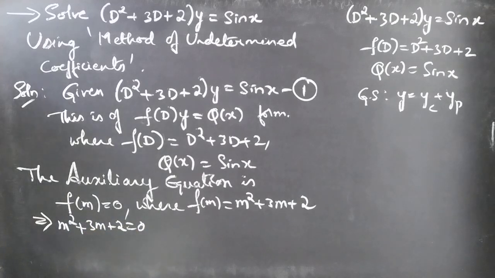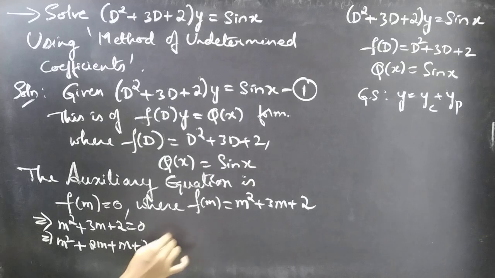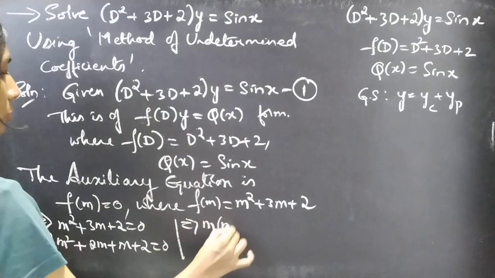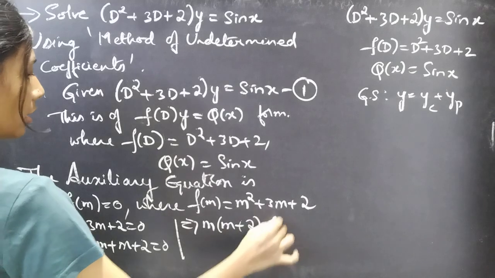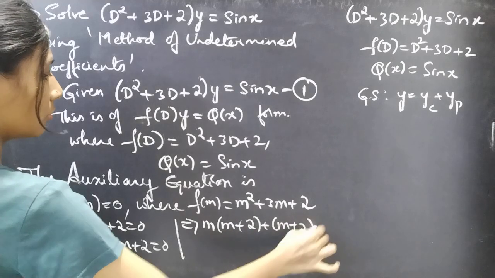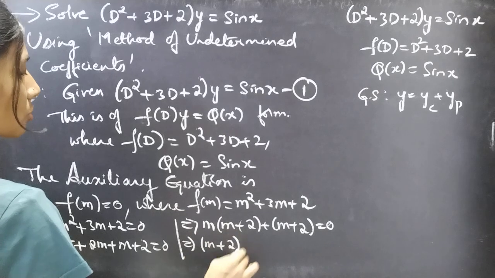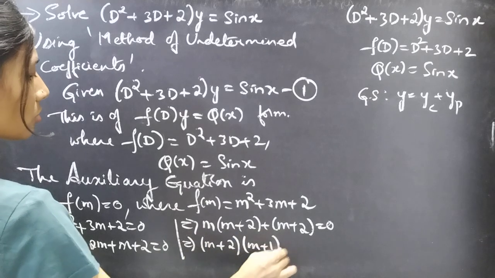Now we need to find roots to this equation. Let's split 3m as 2m + m. Take m common from the first two terms, we get m(m + 2), and the next two terms remain the same. Now take m + 2 common from the two terms, we get (m + 2)(m + 1) = 0.